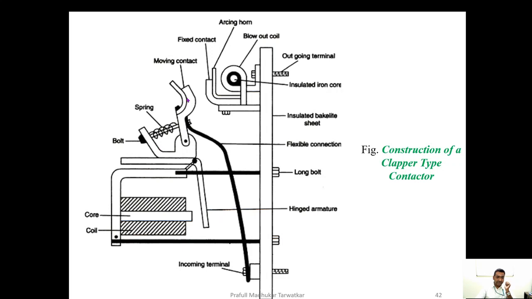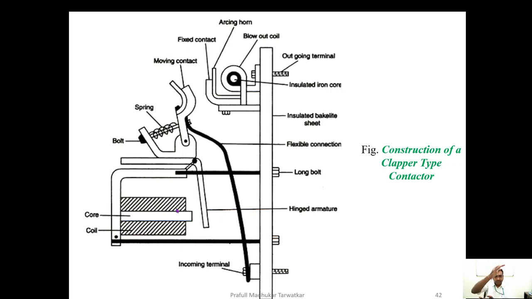Here we have the corresponding clapping type of contact. This is a moving contact, this is a fixed contact, and the outgoing terminal is here, the incoming terminal is here. So when the core gets energized, this plunger or armature gets pulled in.